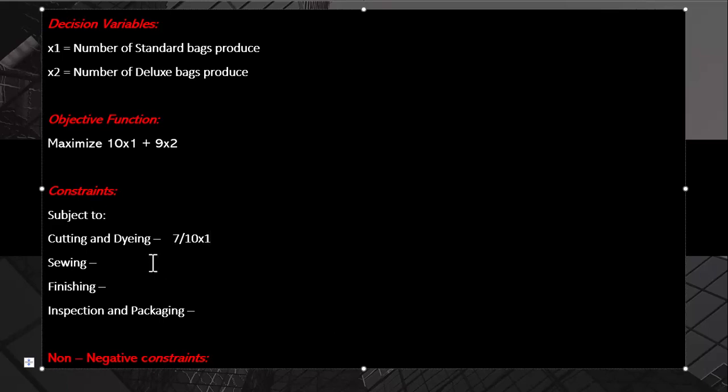For sewing, it is half x1. For finishing, it's 1 hour. And for inspection and packaging, it is 1 over 10 x1. It's a maximizing problem, so we can sum up.